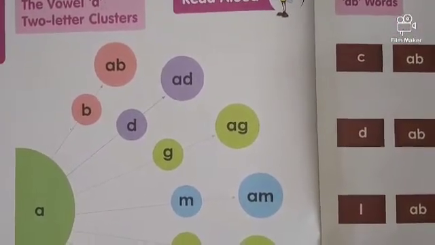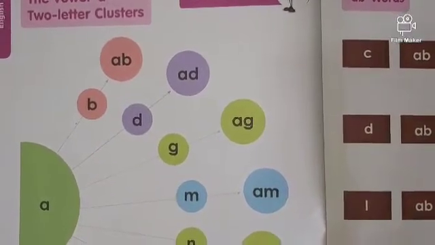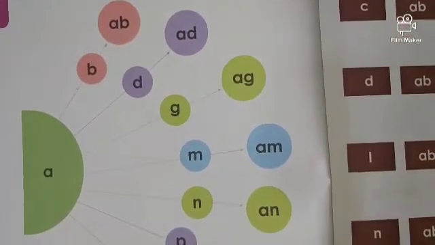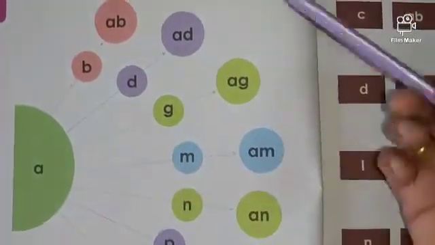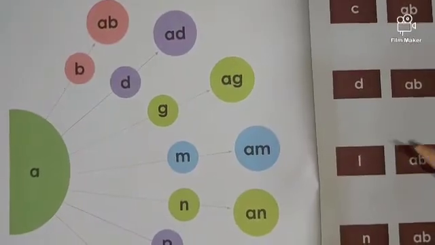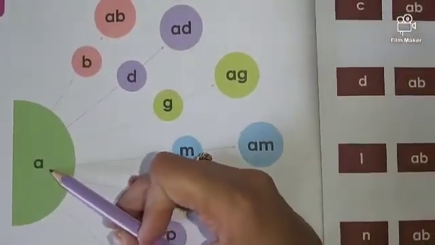Okay. So, after we have explained what we are going to study in this topic, you can see a lot of letters mentioned there over here on this page. You can see the vowel A over here and many other letters written over here. So, what do you see? What idea do you get? See, it's written vowel A, right?